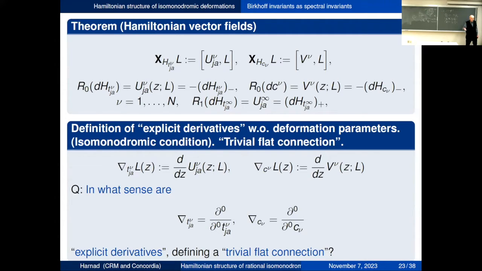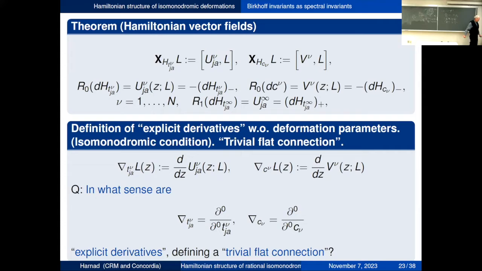We could take an explicit derivative over and above the Hamiltonian derivative. And the same thing for Schlesinger. We had just an explicit derivative of the piece of the Lax matrix that depended on the pole. And we had this curious equality between the partial derivative of the Lax matrix with respect to the deformation parameter and the partial derivative of the deformation matrix with respect to the spectral parameter.